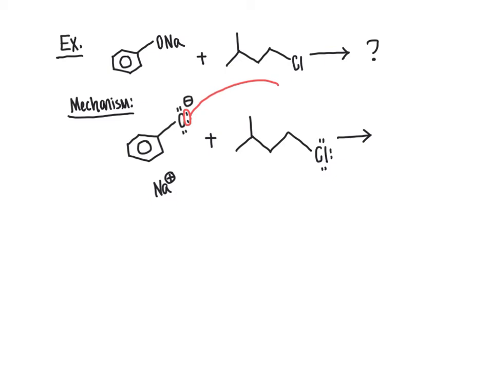So that nucleophilic oxygen with its wealth of electrons comes over, forms a bond to the electrophilic carbon, like so. So the arrowhead indicates where that bond between oxygen and carbon will be formed.